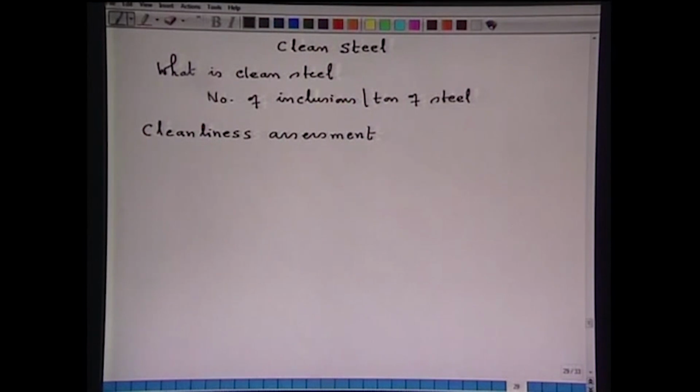Now, in assessment of steel cleanliness, what is important?